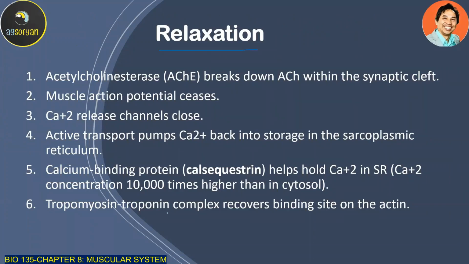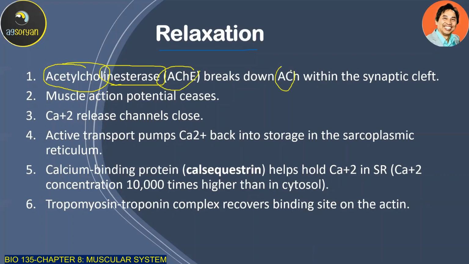Now, how does relaxation happen? Of course, our muscle will not always contract. It will also perform relaxation. Contraction, relaxation, contraction, relaxation. Relaxation is due to the acetylcholine that is released into the synaptic cleft being removed by a special protein called acetylcholinesterase, AChE.